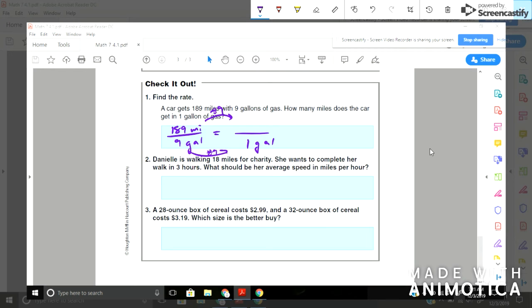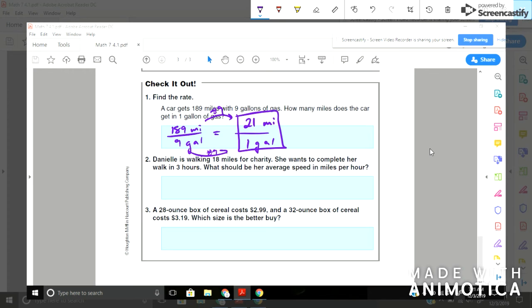So if you take 189 and divide it by 9, you would come up with 21 miles using 1 gallon of gas, which is decent. I guess there's a lot better vehicles that get a lot higher miles per gallon than that these days.